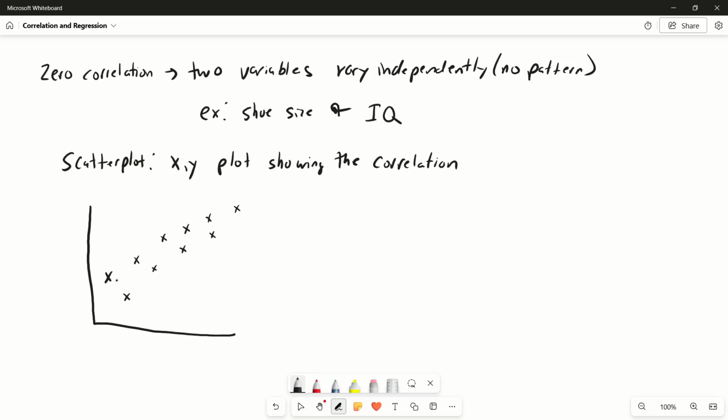Right. And as you can see here, the X's are going up from left to right. So if you were to draw a line here through the scatter plot, the slope of the line would be positive. So this is a positive correlation. Then for a negative correlation, you're going to see something like this.